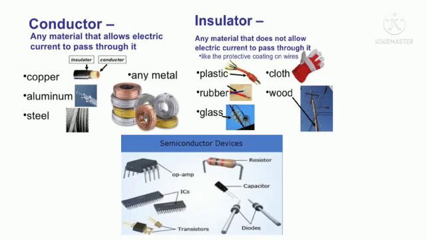We discussed the electrical properties of solids. How are solids classified on the basis of their electrical conductivity? They are classified as conductors, insulators and semiconductors. Conductors are materials that allow electric current to pass through them.